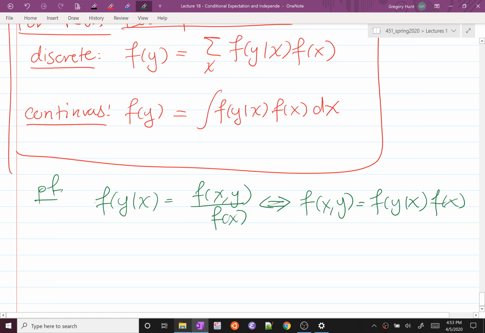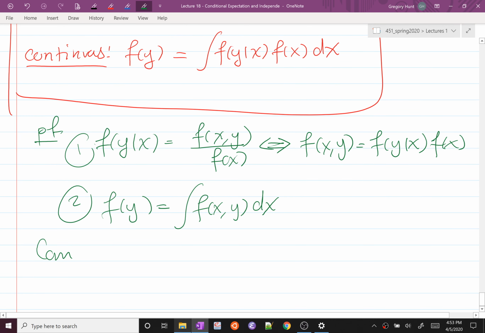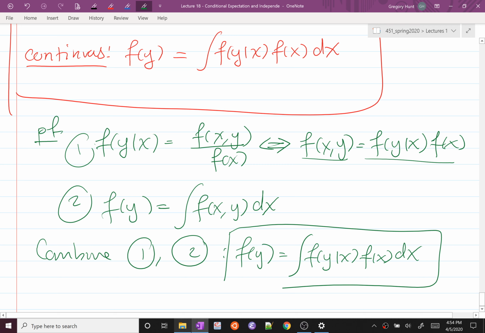Fact 2, we know that we can get the marginal if we integrate x out of the joint. And so combining 1 and 2, we get that f of y is, if I replace fxy with f of y given x times fx, and integrate with respect to x. That gives me a law of total probability. And the discrete case looks very familiar. Replace integrals with sums.